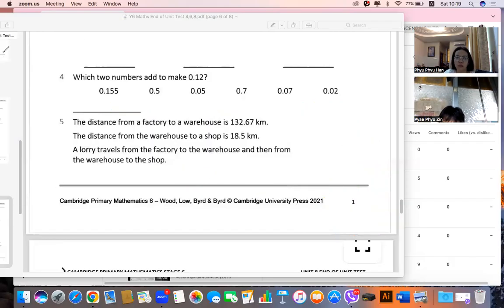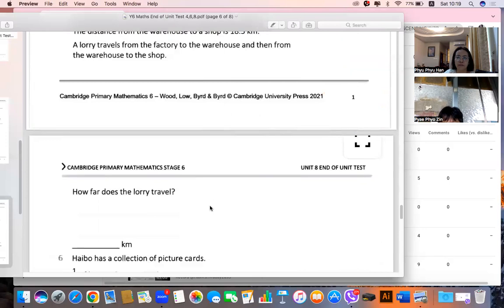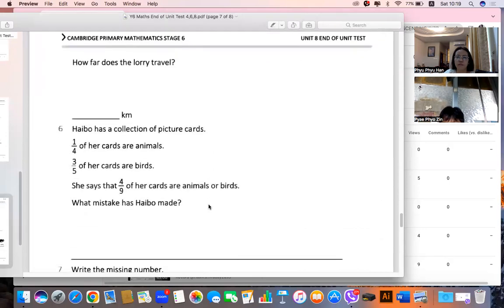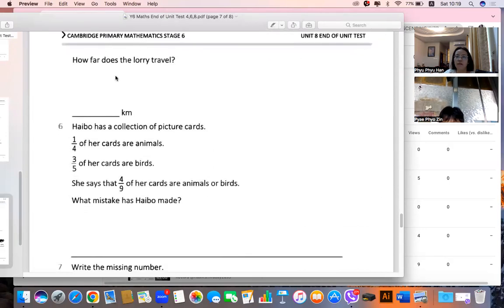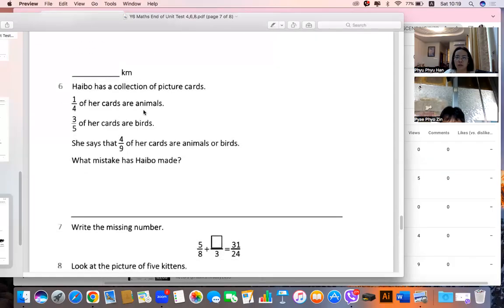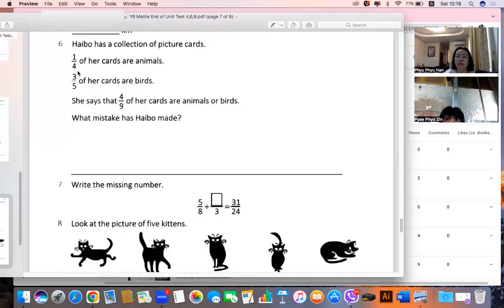Now we will go to next. How far does the lorry travel? Okay, so just now we already found out. Now you see, Hebo has a collection of picture cards. Okay, so 1/4 of her cards are animals and 3/5 of her cards are birds.